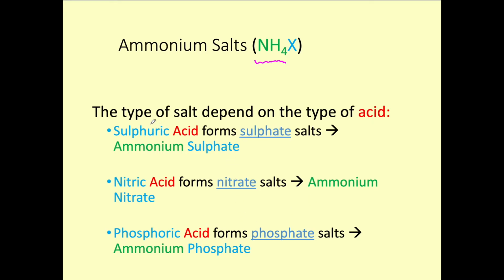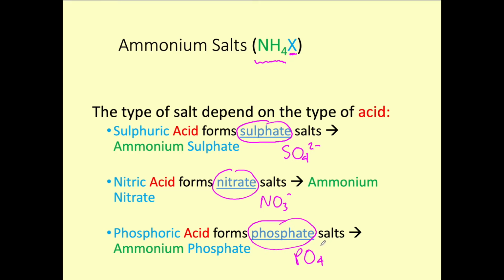And they come from sulfuric acid, nitric acid and phosphoric acid respectively. And so those X components, the anions in the salts, are the sulfate, SO4 2-, nitrate, NO3-, and phosphate, PO4 3- respectively.